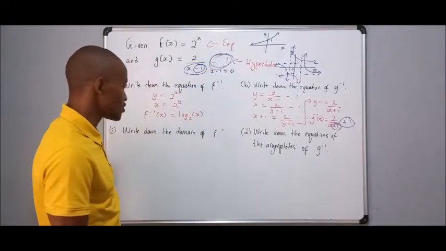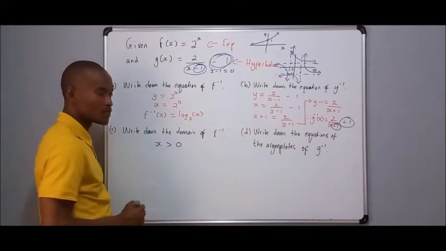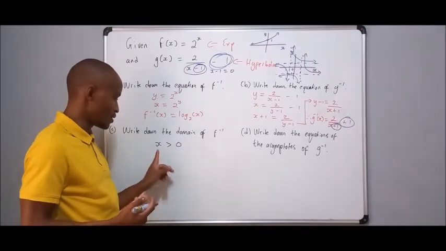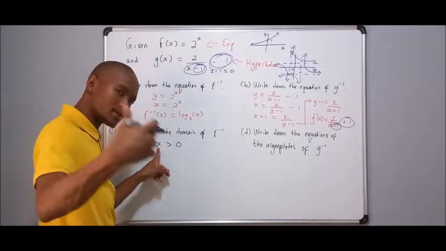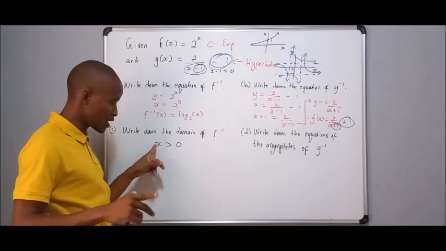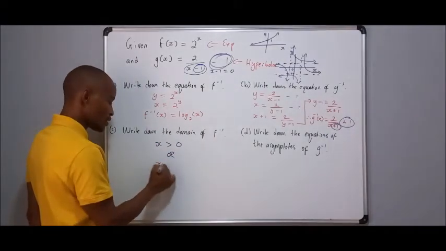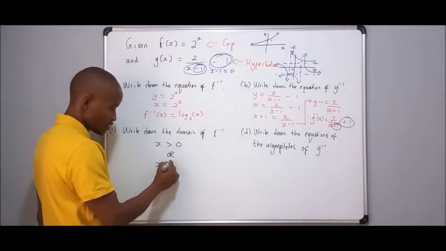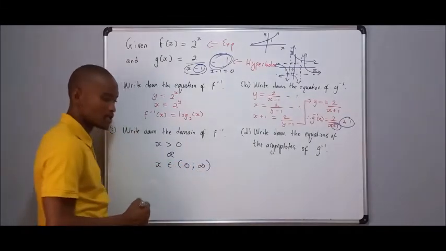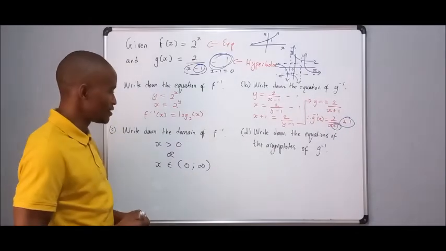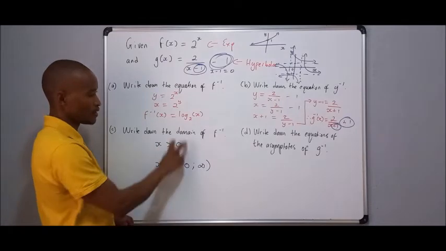So the domain of the inverse function will be x greater than 0. Again, it was a range in the original function, y greater than 0. You swap the variables, x greater than 0. Or if you like, you can write it in interval notation. x element of (0, infinity). And that is the domain of the log function there.